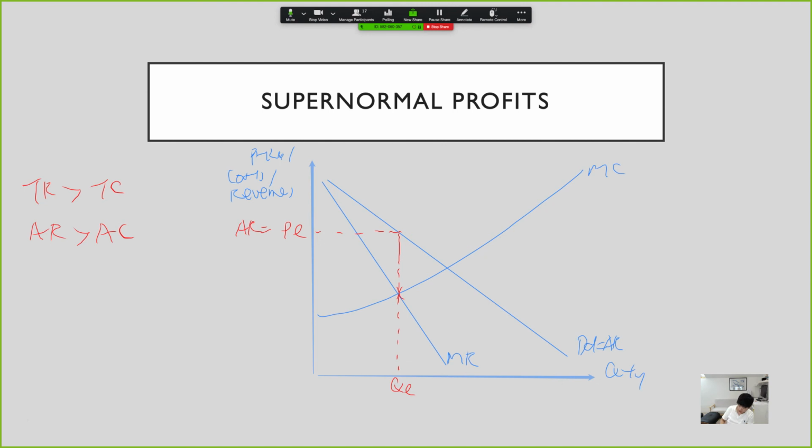So let's say I draw it to be somewhere around here. Then you realize that at this output level, this will be my average cost. So my total revenue minus my total cost, I will have this area of profits in green.